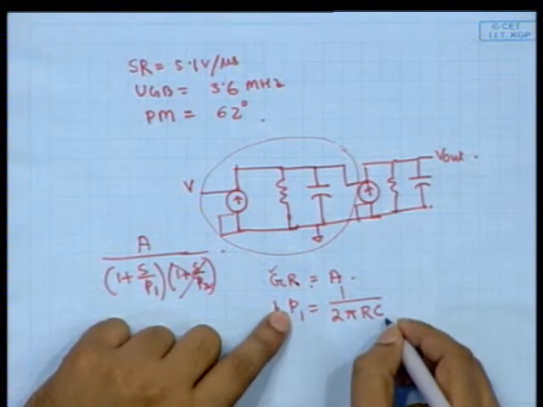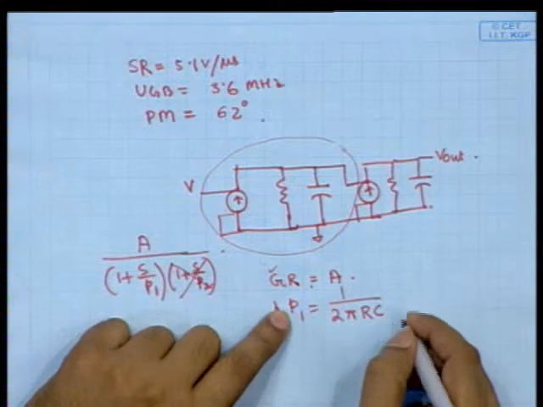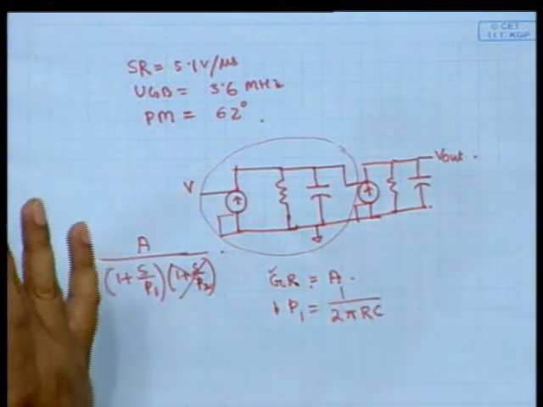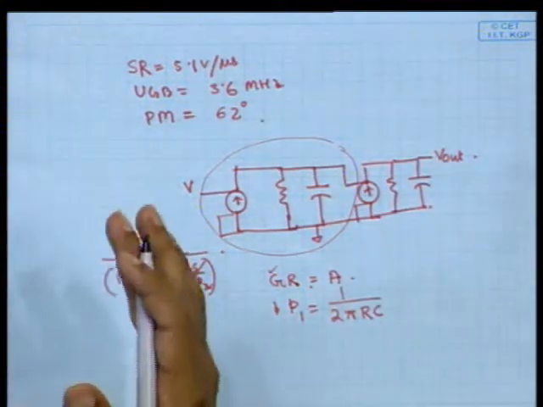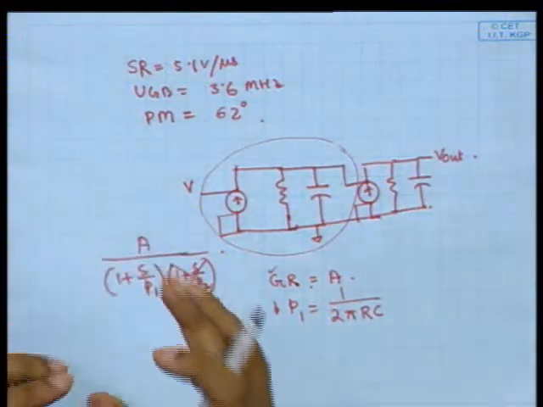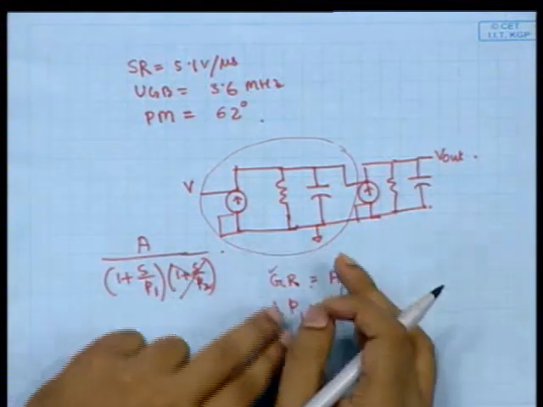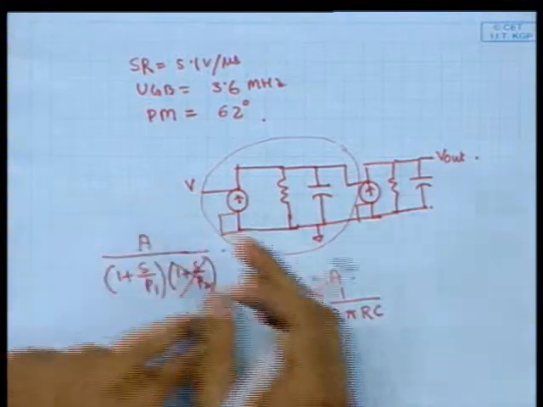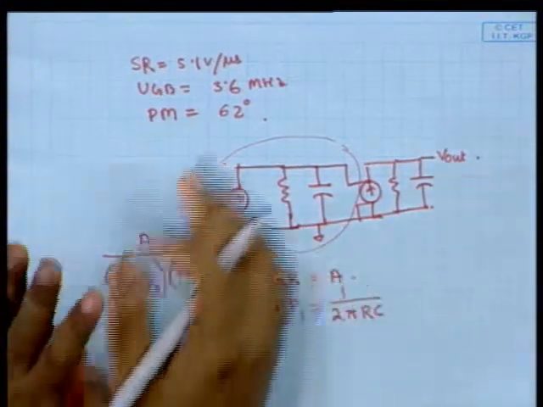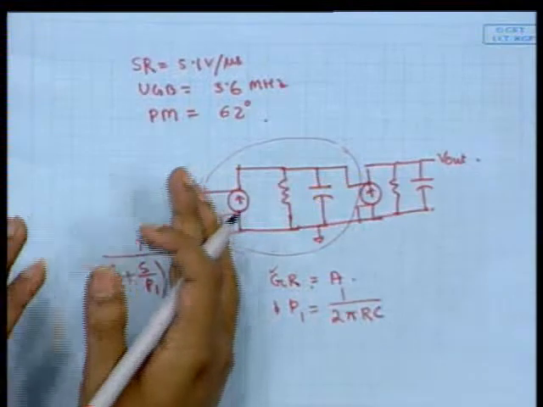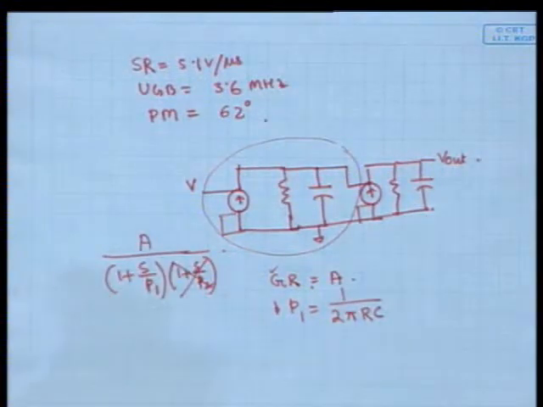You can calculate the value of C also. So given any circuit, if you can simulate it and know the value of gain and pole, you can fix the values of R, C and G accordingly, so that it mimics the actual transistor level circuit.